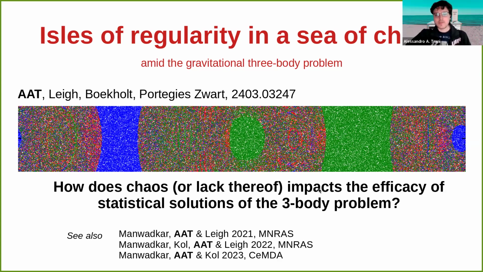So this impacts the efficacy of statistical solutions. And it's also important if we want to use this statistical solution for astrophysical problems, because they will predict the final outcomes of chaotic regions, but they will miss the outcomes of regular regions.